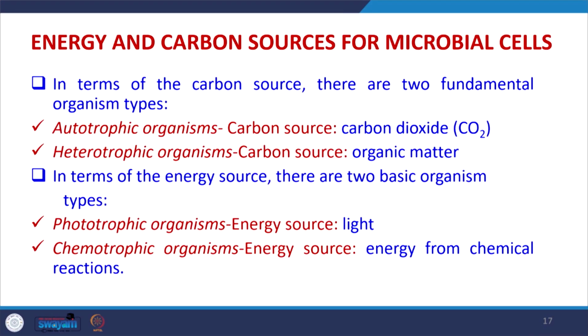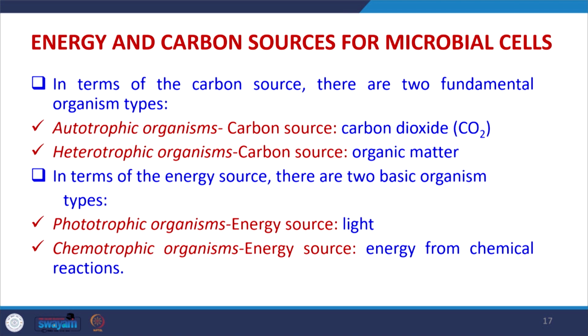Now, there are certain aspects which are important for microbial cells. If they have to survive and grow, they require a carbonaceous source or substrate materials. Similarly, they require energy for their growth. So, what are the energy and carbon sources for microbial cells?